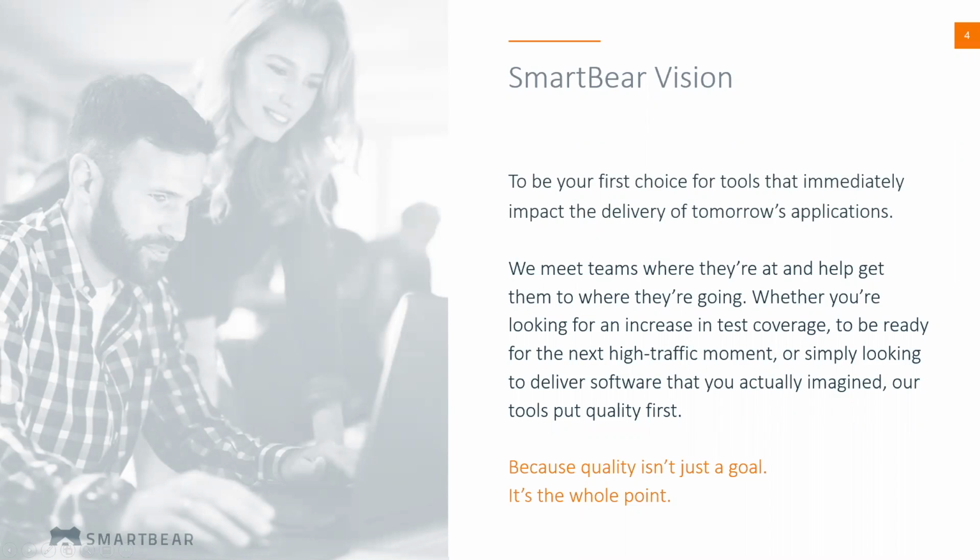When we first set out on this, we looked at the SmartBear vision, and we realized that a lot of developers have different ways of working, different lifecycle processes and so forth. So one of the visions of SwaggerHub is to meet teams where they are and help them get where they're going.